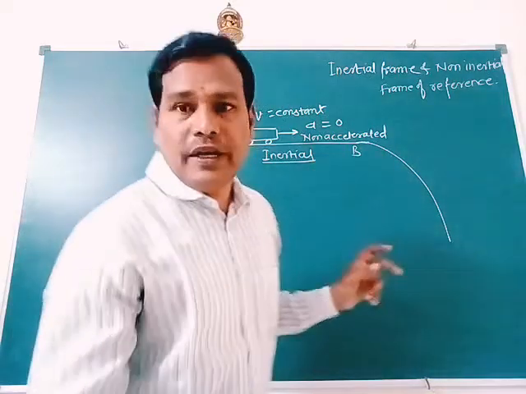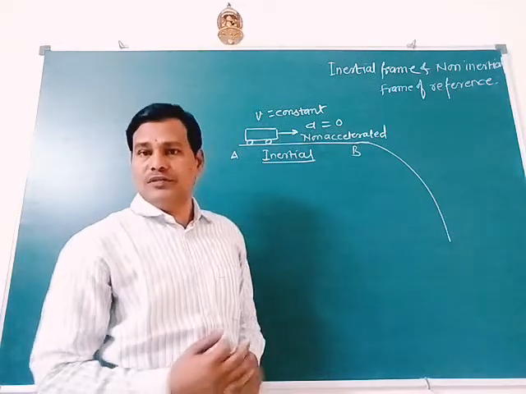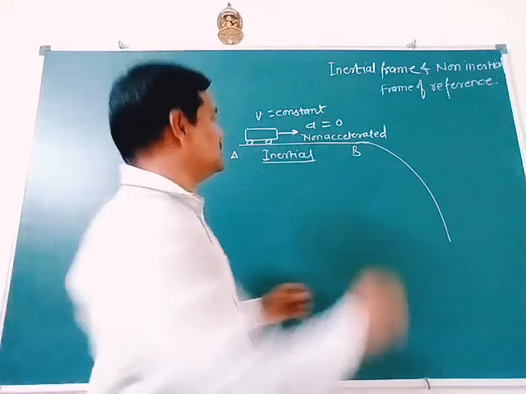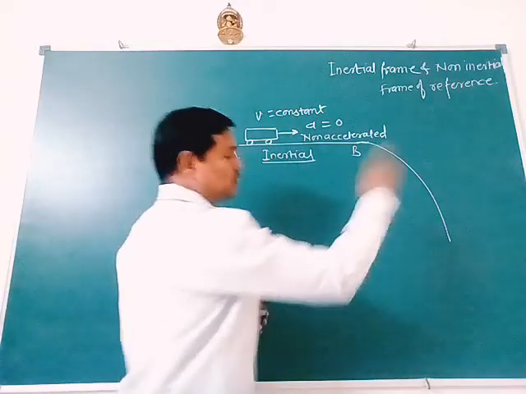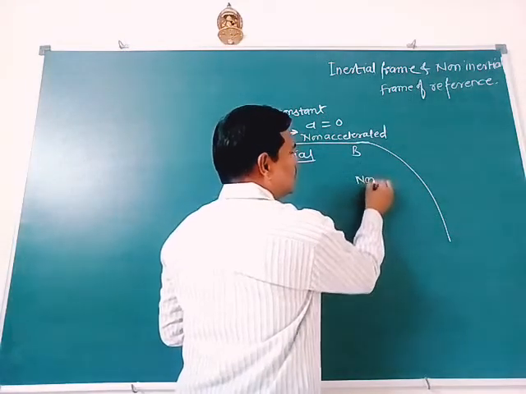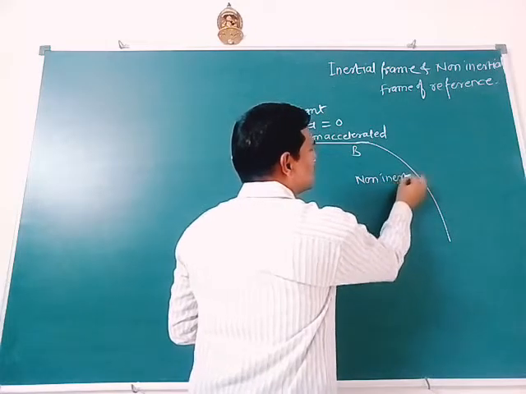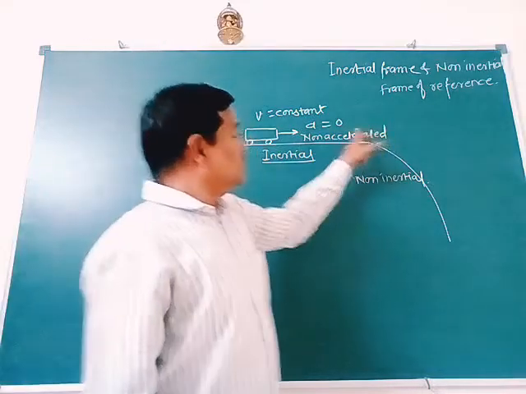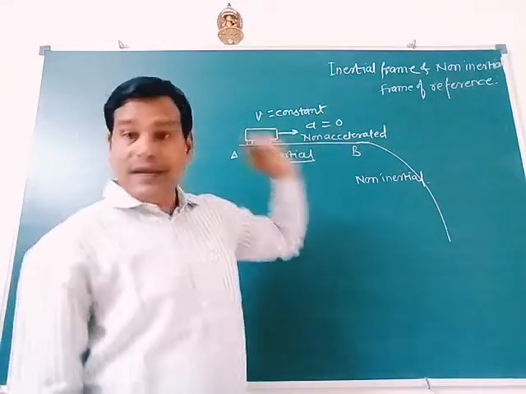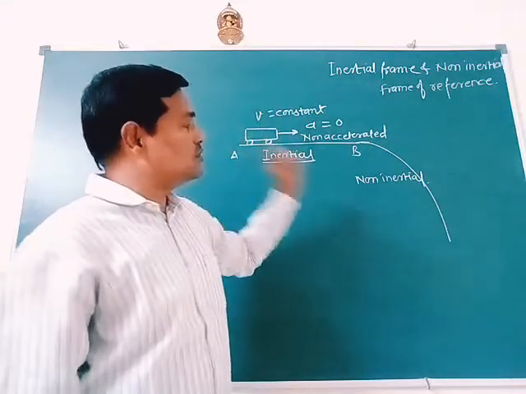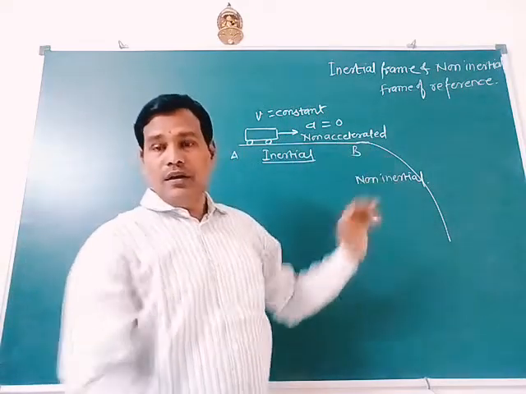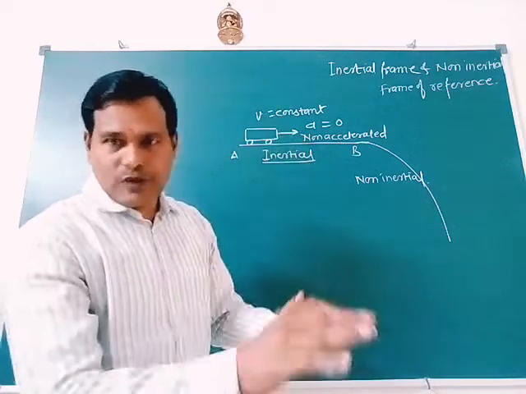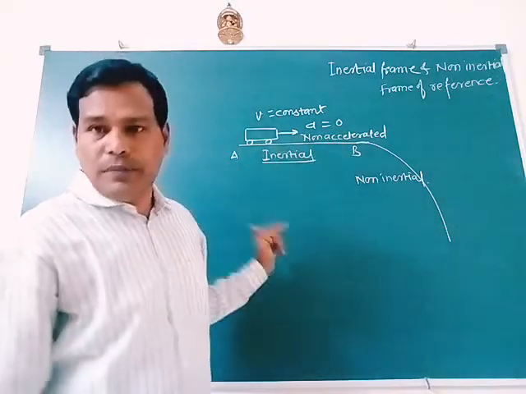Now the application of the brake indicates that there is an external unbalanced force, and when an external unbalanced force acts on a body, its inertia breaks. So that frame of reference now becomes non-inertial. At the same time, before point B it was non-accelerated, with constant velocity, but after point B it will move with a different, lower velocity.